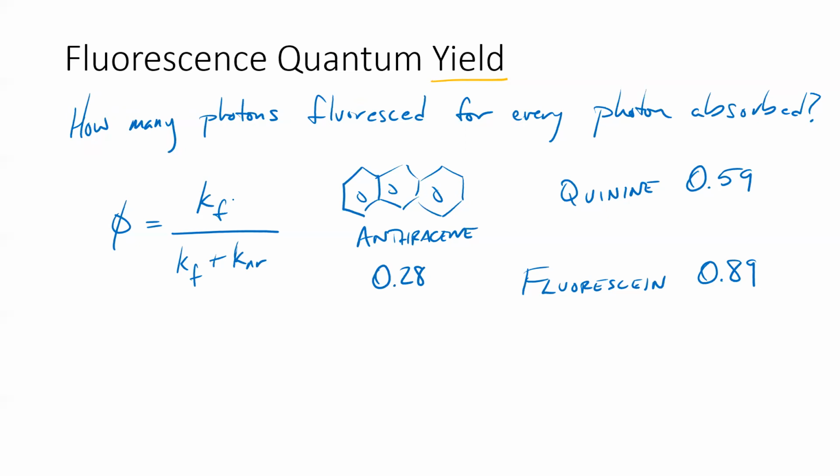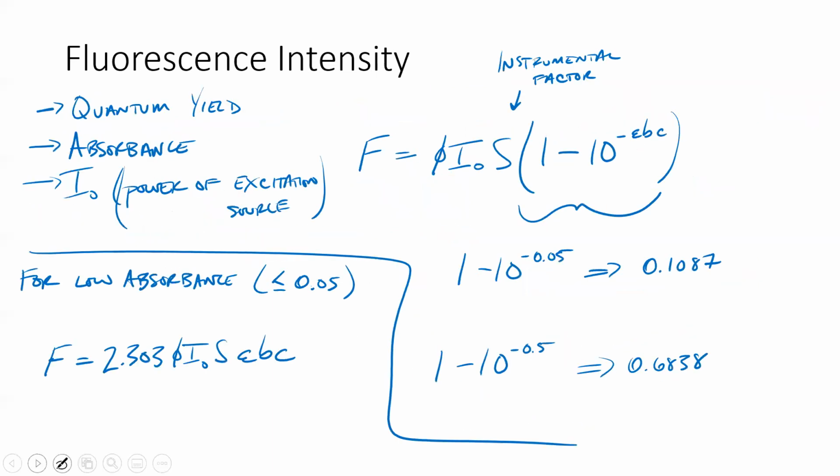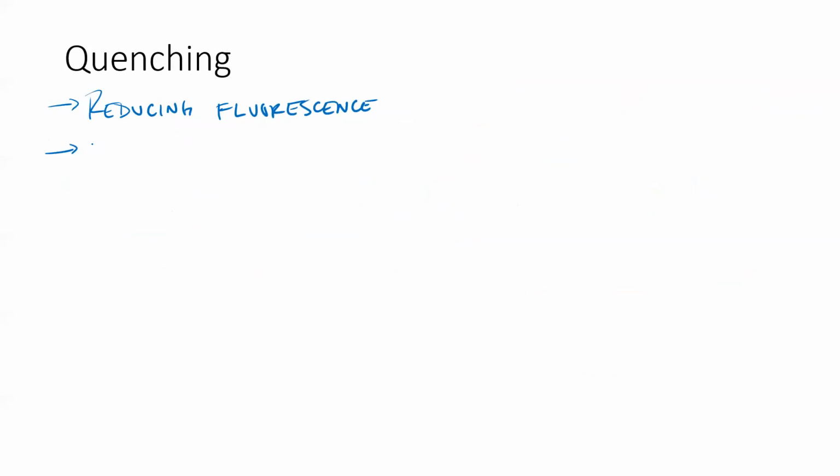Yeah, if our rate constant for fluorescence goes down and our rate constant for non-radiative goes up, that's going to give us a lower quantum yield. And so this reduced fluorescence is really due to a reduced quantum yield. And so we need to increase those non-radiative events.